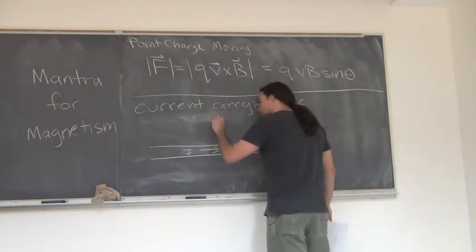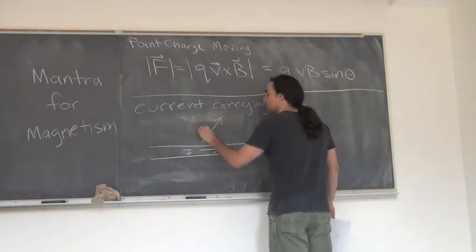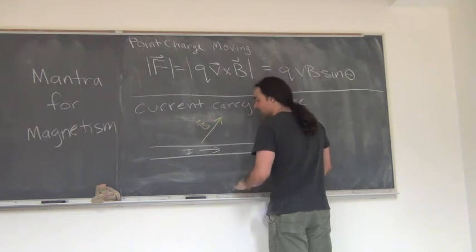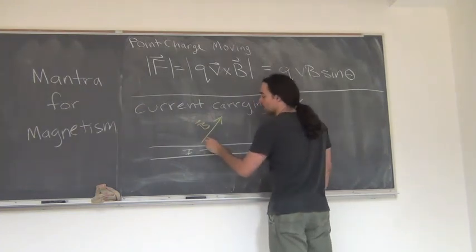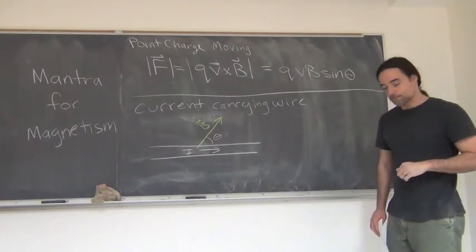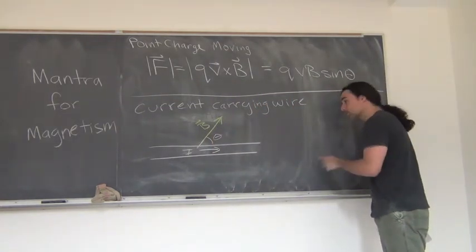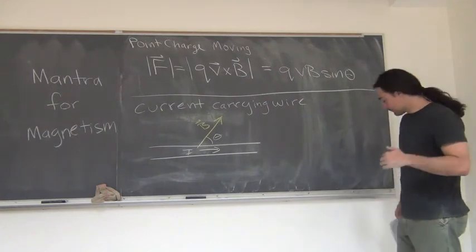As before, we've got some magnetic field that's pointing at an angle theta relative to that current. How would we compute the force on the wire?